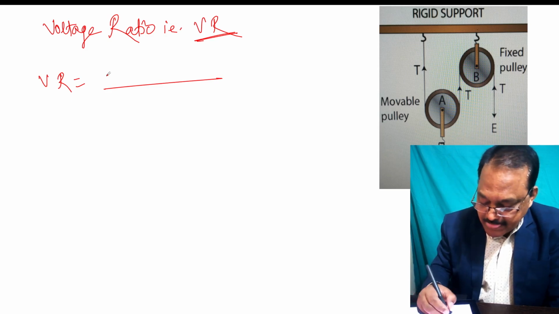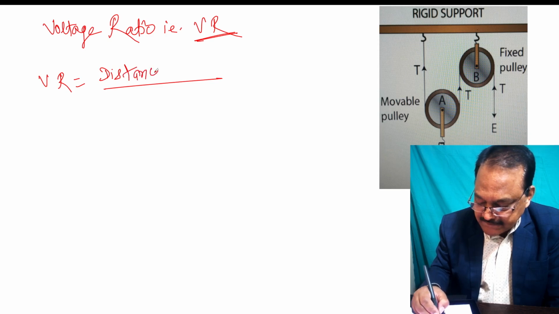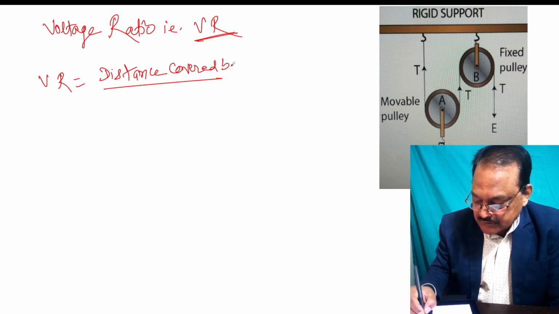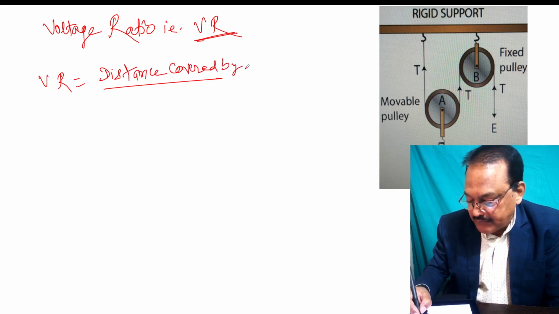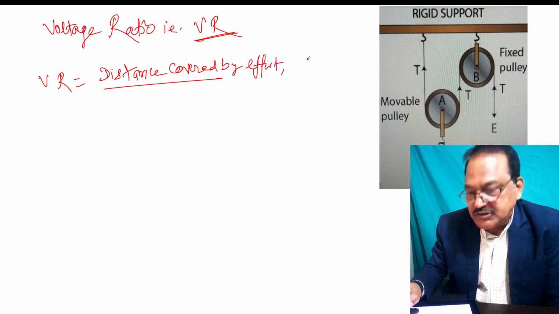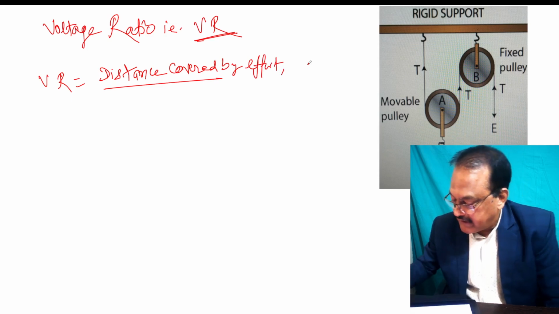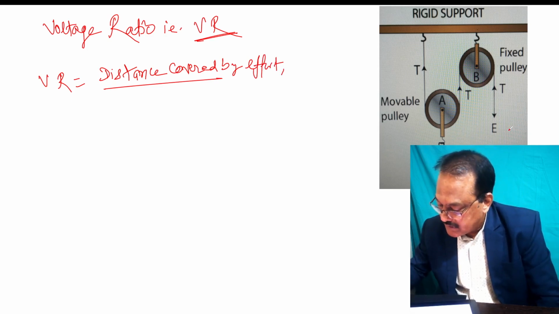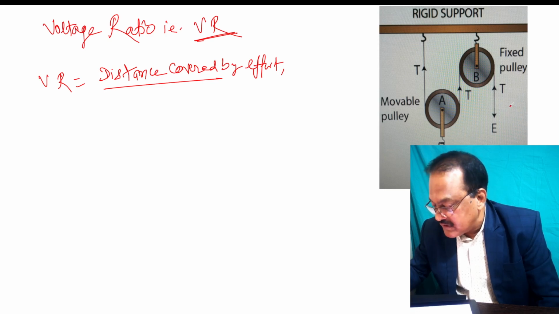We can write distance covered by effort, in short dE. Let us suppose the distance covered by this effort in the downward direction is dE.